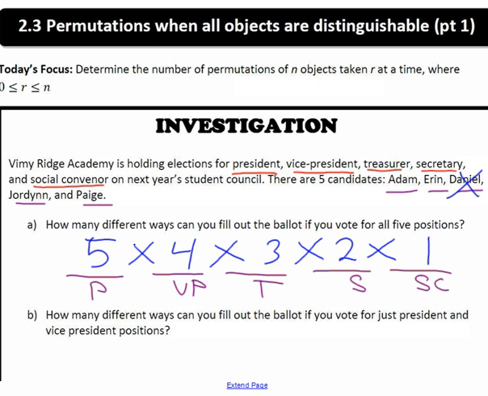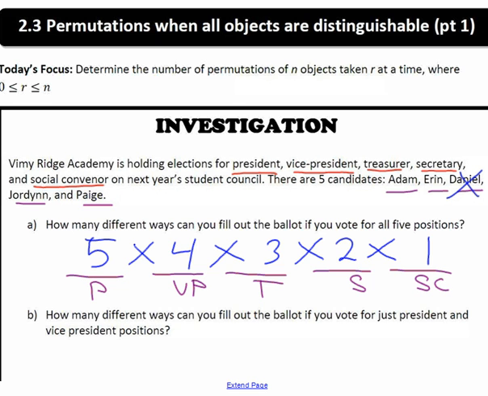The total number of ballots we can have is found by multiplying. Why? Why multiplying? Because you have to do all 5 parts on the ballot. So you have to pick a president. Now watch what word I'm going to use. Listen, listen.